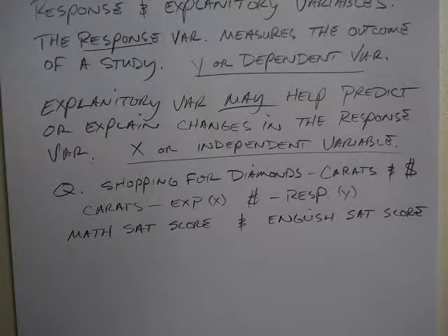Matt, what do you think? English is the explanatory. Without the English, the math becomes impossible, right? Okay. Quinn, you got a thought on that? Are they related at all? Are we assuming that they are actually related? Or are they just two separate entities?